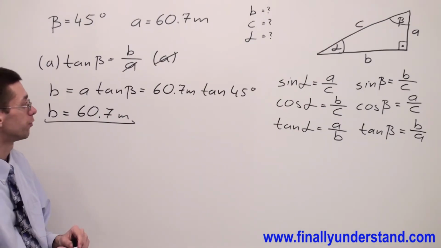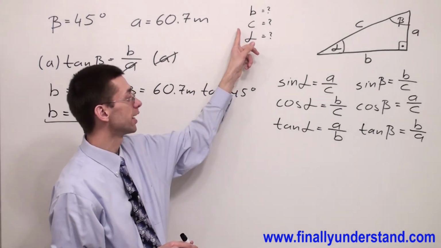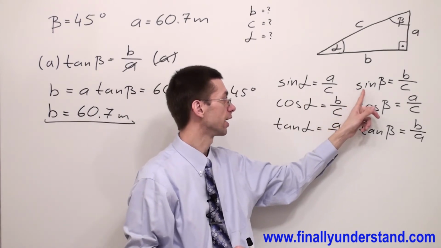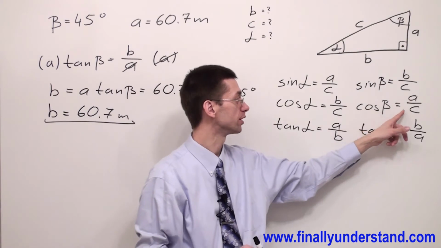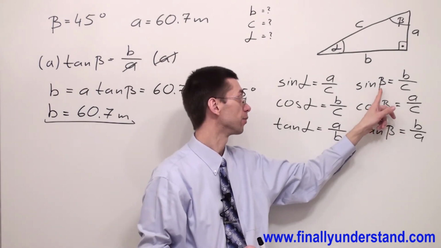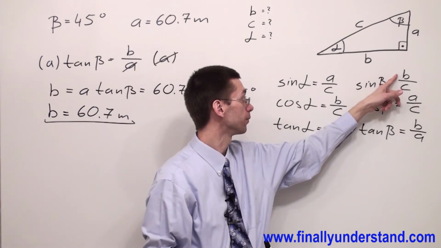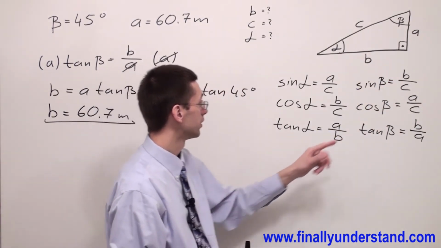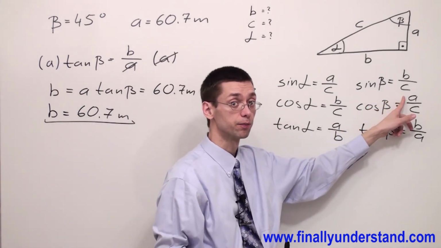In order to find side C, the length of side C, I can use either the formula for sine beta or cosine beta, because both of them contain C. Angle beta is given, and we've already found the length of side B, and side A was given.